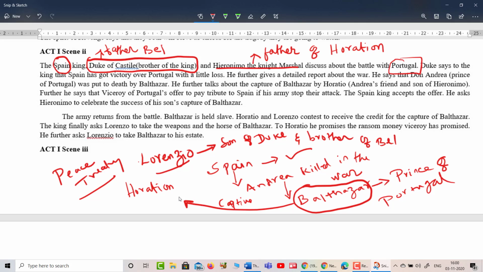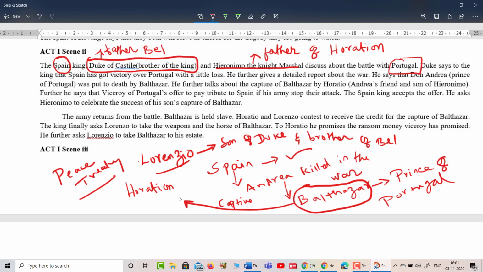As a result, Balthazar is brought to the palace as a captive. And when Balthazar is brought to the palace, both Lorenzo and Horatio claim the capture of Balthazar, and at last the king gives the prize equally to both of them.